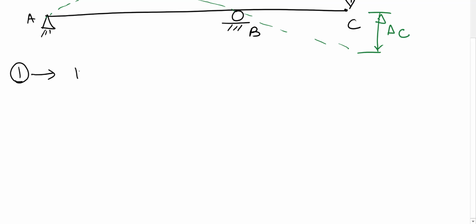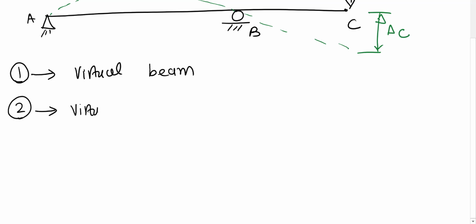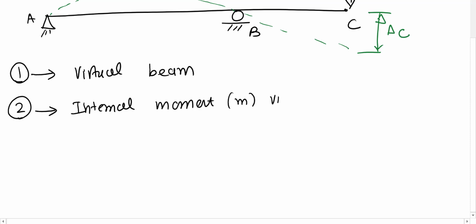First, we draw the virtual beam by removing all the external load and applying a virtual load, and then we find the internal moments due to the virtual load. Let's say the virtual load is 1 kilonewton.